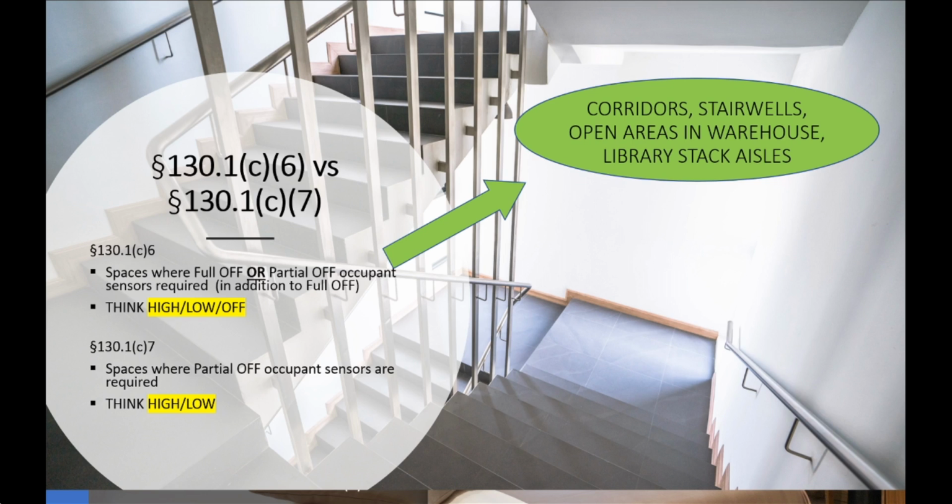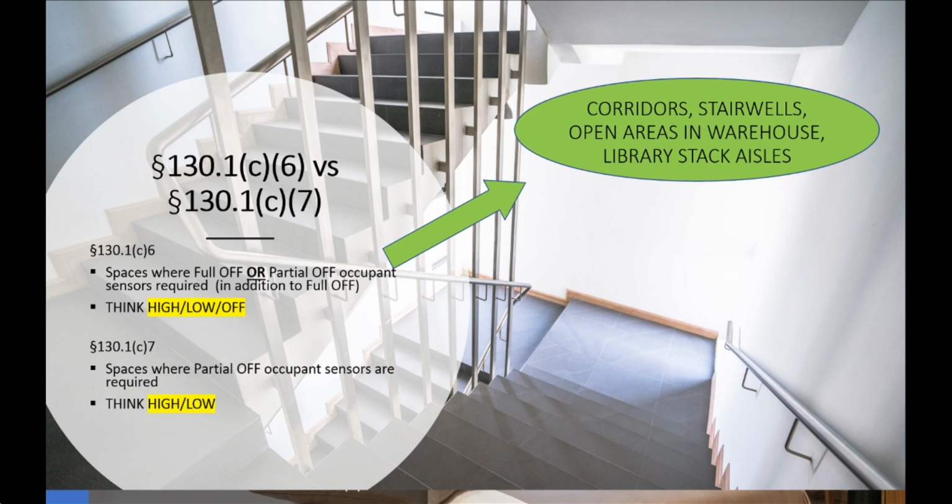So if you decide to do partial off sensors, where it's doing high-low, high being 100%, low being a level at least 50% reduced, then you still have to do an automatic sweep off, and that could be achieved through a time clock that sweeps off the lights at nighttime when nobody's there, or you could opt for sensors that have the ability to do a low state and an off state.